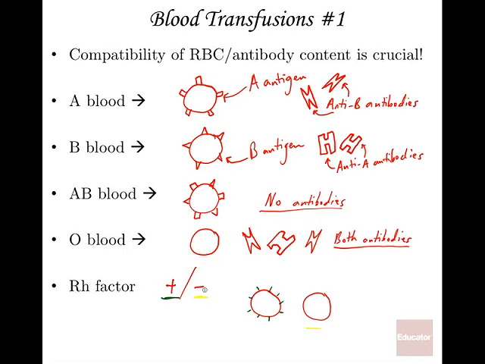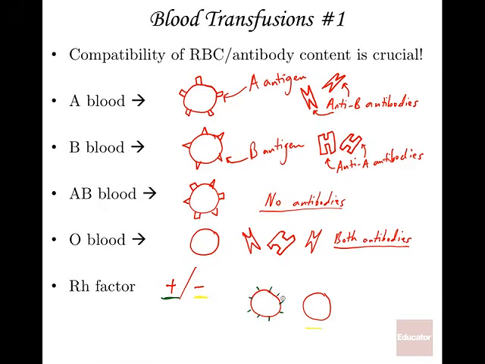That's why it's negative. The way this comes into play is, I told you earlier that AB blood, if you have that, you can be given almost any blood type. The reason why it can't be any oftentimes is if you are AB negative, that means your AB red blood cells don't have this particular antigen.